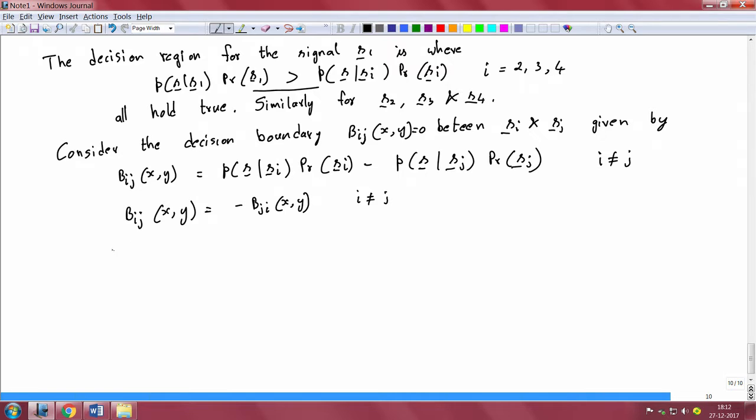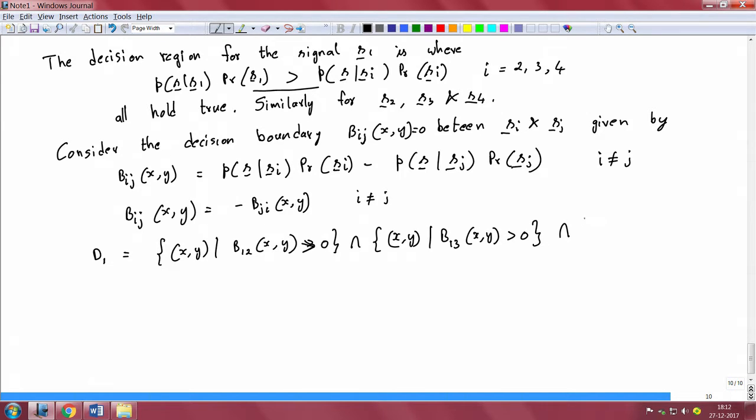So, what this essentially means is the decision region for the signal S1 is the intersection of all these sets, B12 of x comma y greater than 0, I will just stick to the strict inequality, intersection of x comma y such that B13 is greater than 0, intersection of x comma y such that B14 of x comma y is greater than 0.